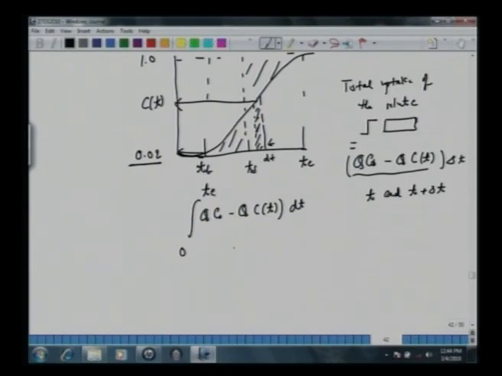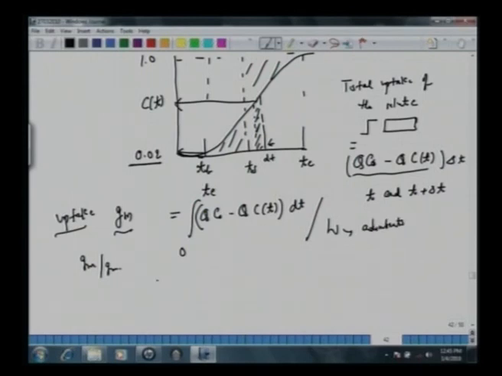This will give us the total amount of solute which has been adsorbed. This is called the uptake of the solute. Very often we express it in terms of gram per gram, that means the total amount divided by the total amount of adsorbent.